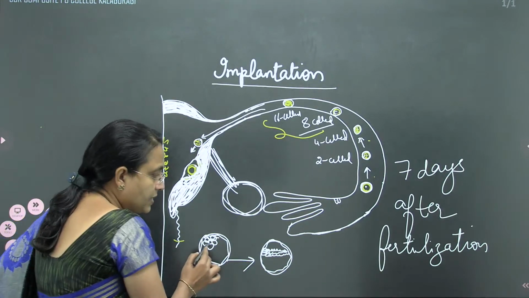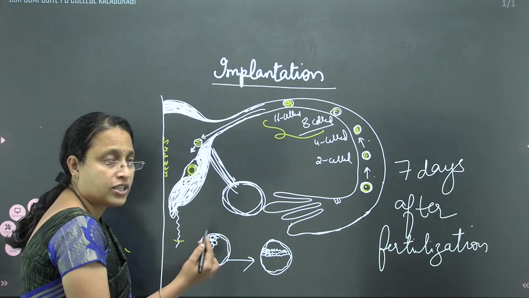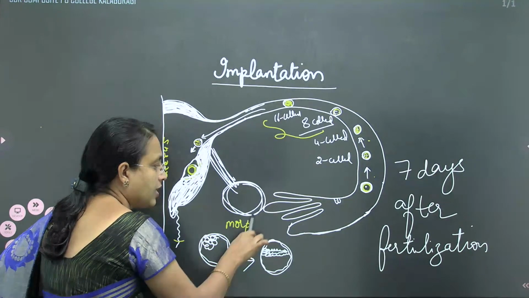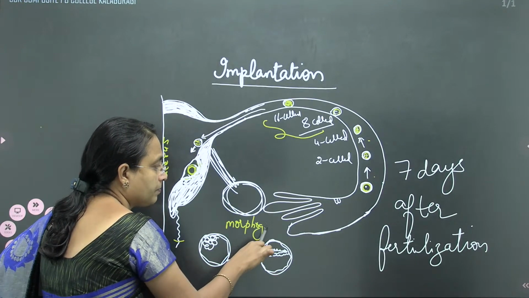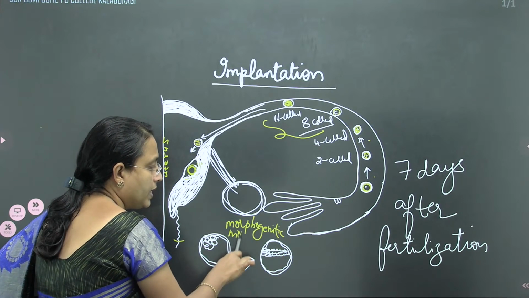So these ICM cells will rearrange and undergo migration. This is called morphogenetic movements.